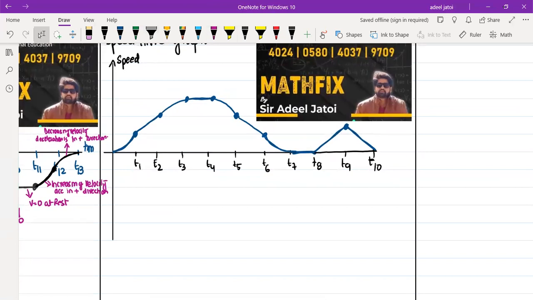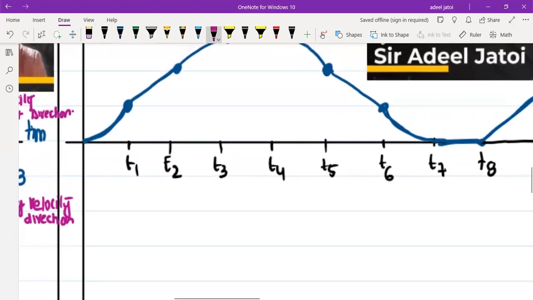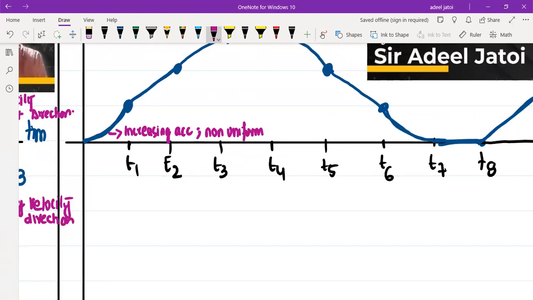So what do we have? Let's just work out each thing for the speed time graph. The first thing we have is increasing acceleration, non-uniform acceleration. Similarly, this will be uniform acceleration.